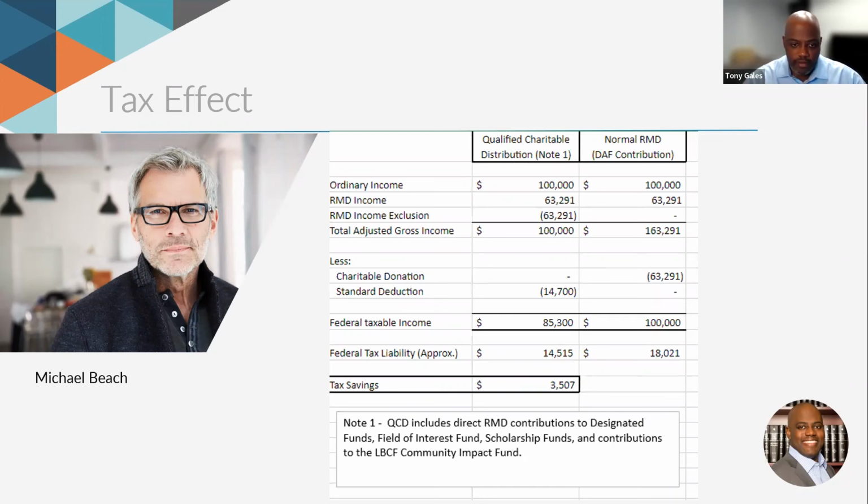So if in this instance your ordinary income was 100,000 and your RMD based on your age was 63,000, you would effectively exclude that amount from your adjusted gross income. You would still have your standard deduction if you were not doing itemized deductions, and your income tax would be approximately $14,500.